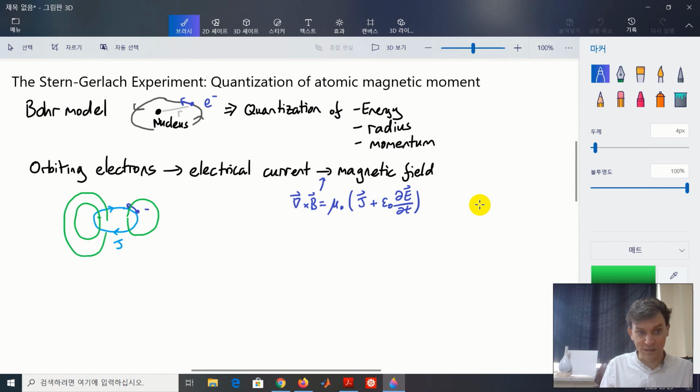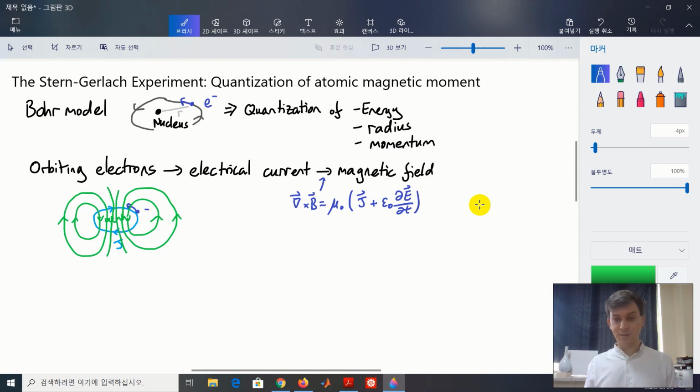I'm sure you've all seen diagrams like this before. The direction of the arrows is this way. So this is what's known as a magnetic dipole.